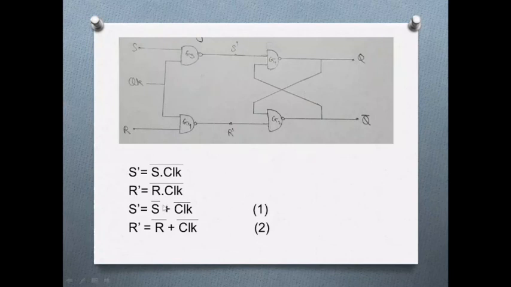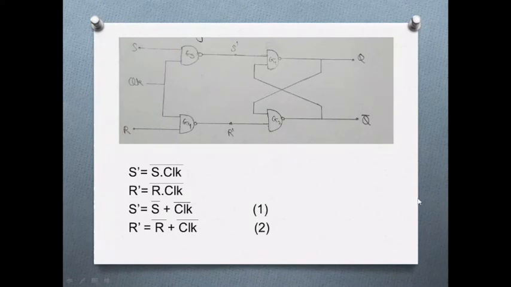So from De Morgan's theorem, we can write that S dash is equal to S bar plus clock pulse bar, and similarly R dash can be written as R bar plus clock complement. These will be equations 1 and 2.